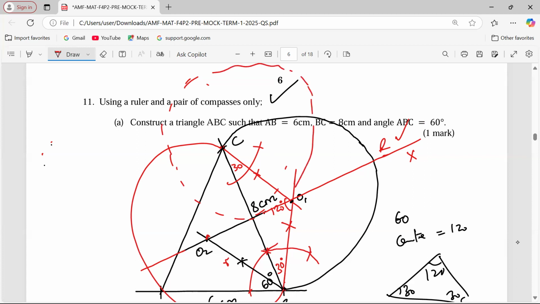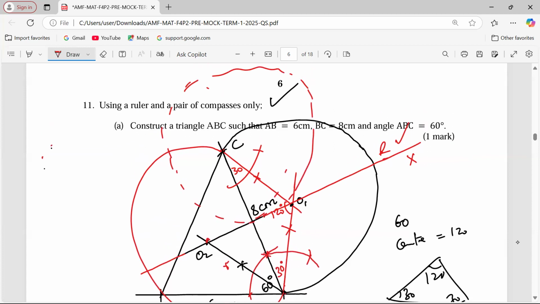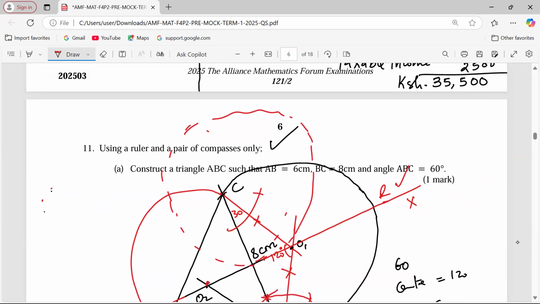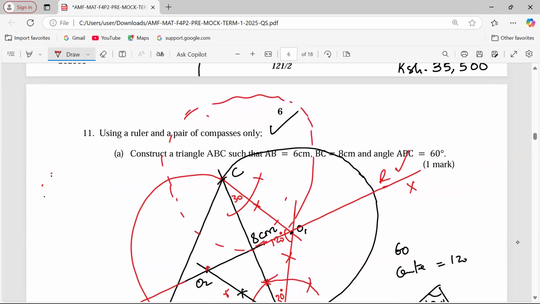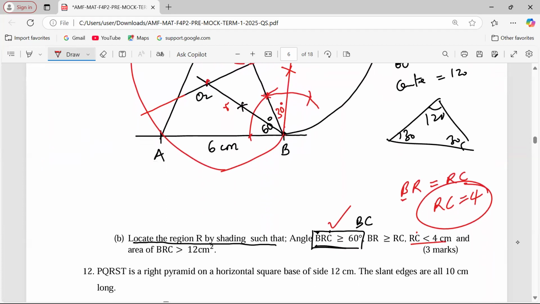So anywhere along such a circle is 4 centimeters. Remember, we need the inner side because R should be less than 4.